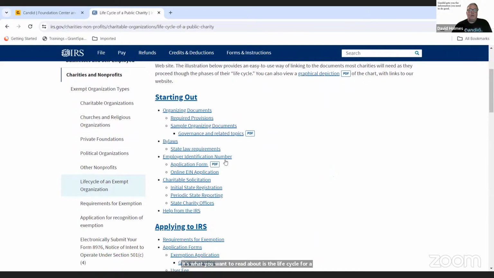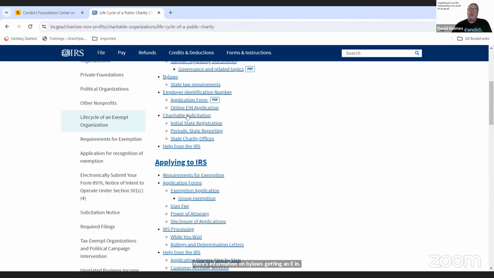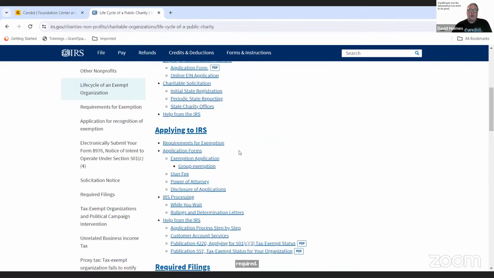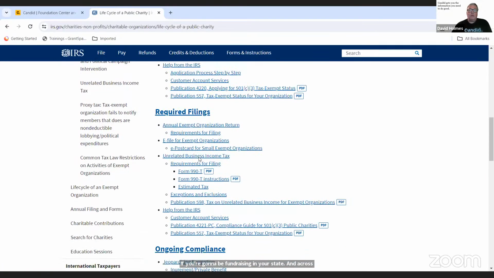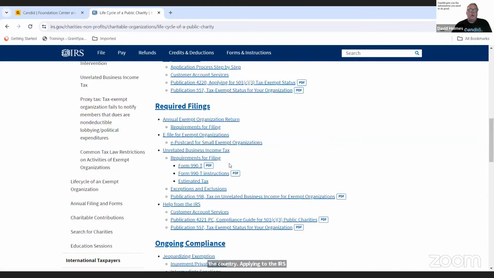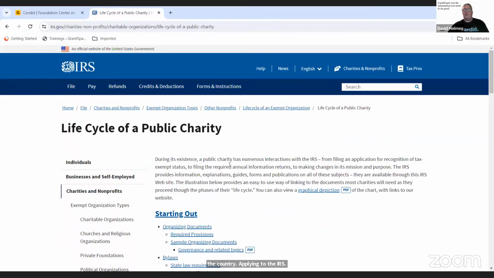And here's all the step-by-step stuff. Here's information on bylaws, getting an EIN, registering for charitable solicitation, which is also required if you're going to be fundraising in your state and across the country, applying to the IRS, and all the required filings that go with it. One of the troubles of the IRS's website is there's so much there, and you never know.